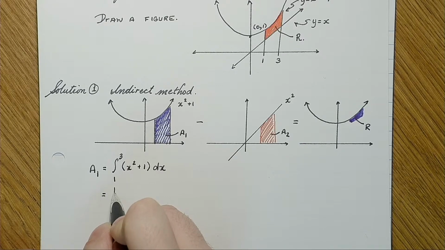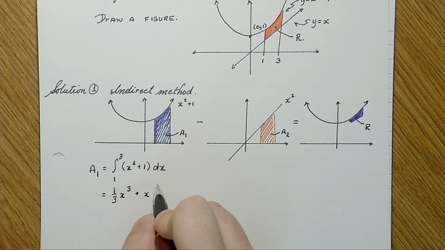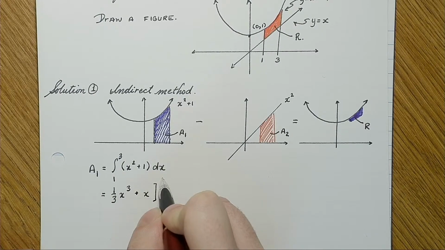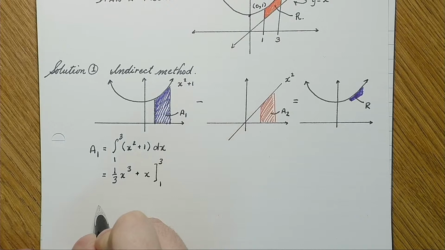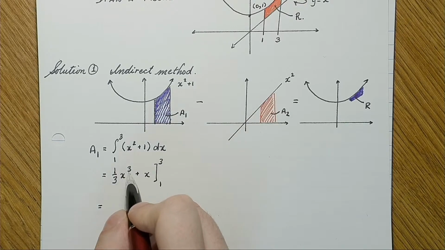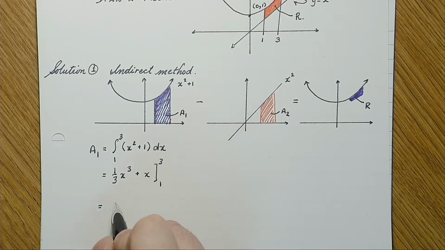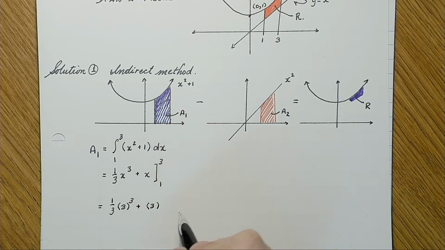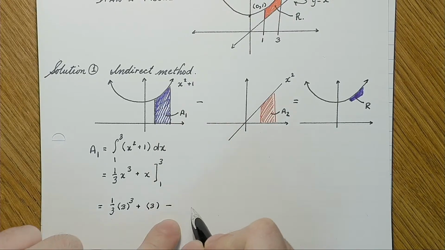We integrate that using our power rule, so x squared becomes 1/3 x cubed plus x, and we're going to evaluate that from 1 to 3. And this is a warning again. We're going to evaluate this at 3 and at 1. So I'll substitute my value in for 3, but be very careful, because I need the negative here.